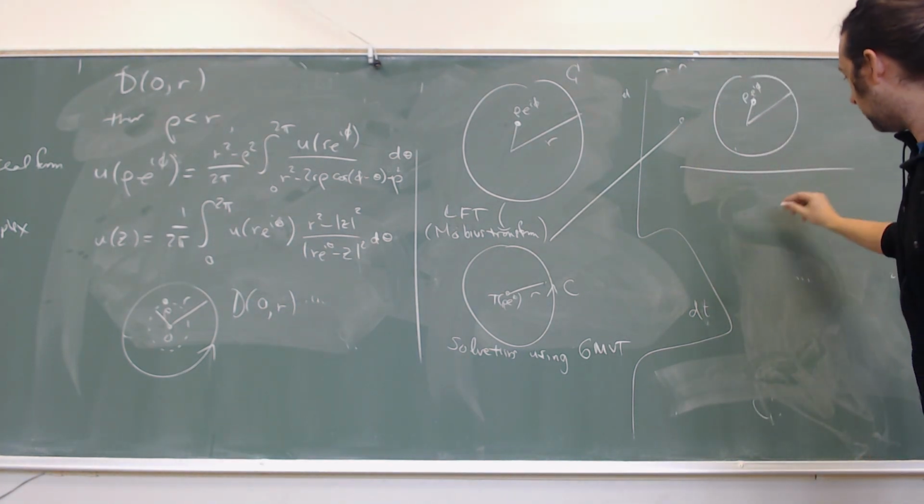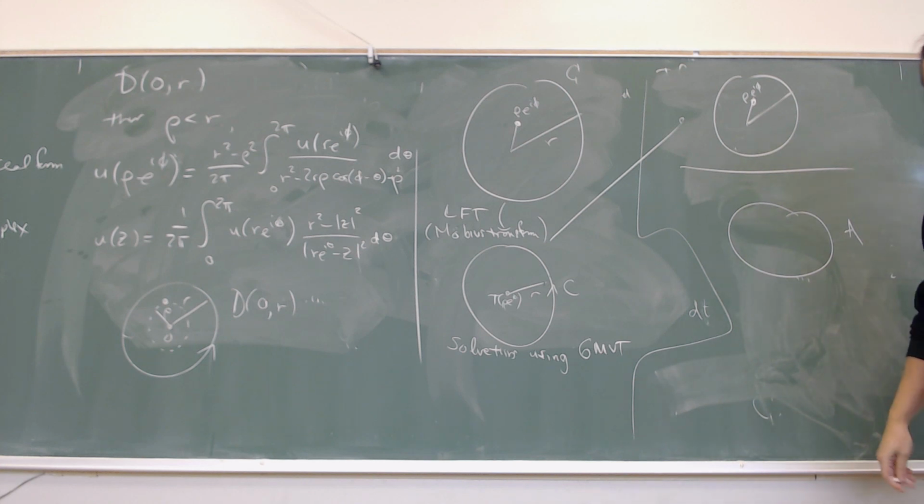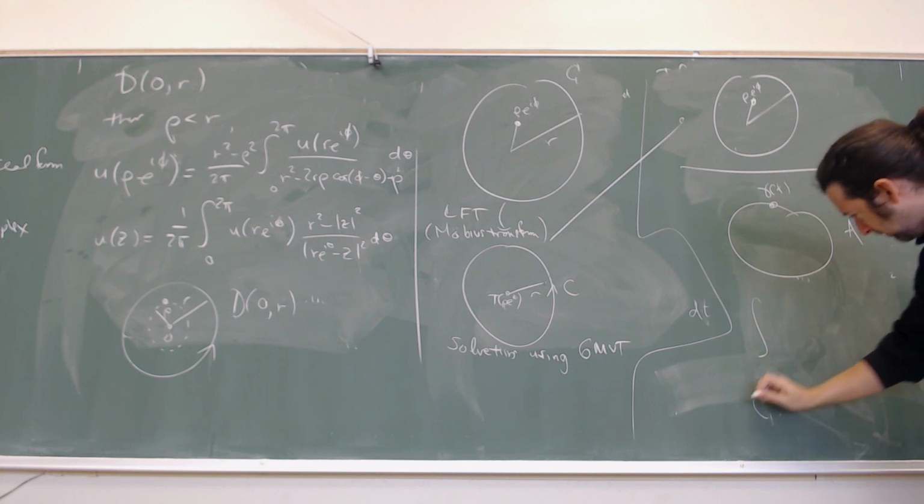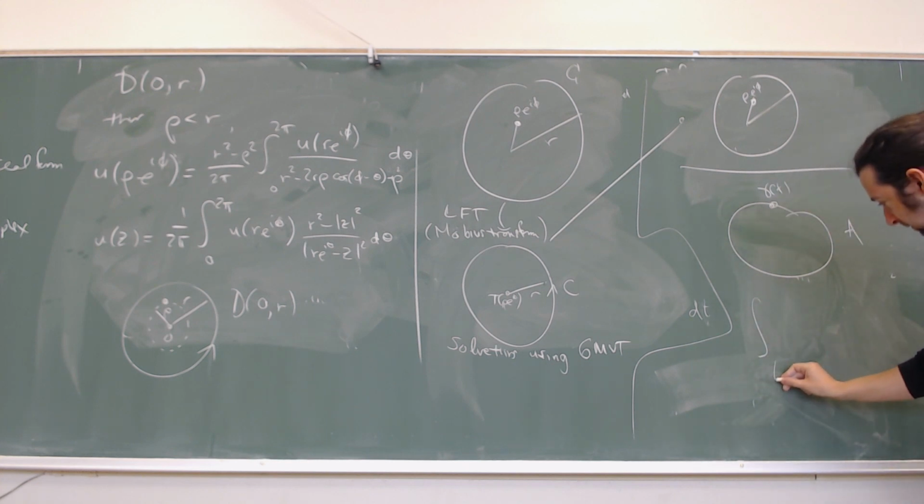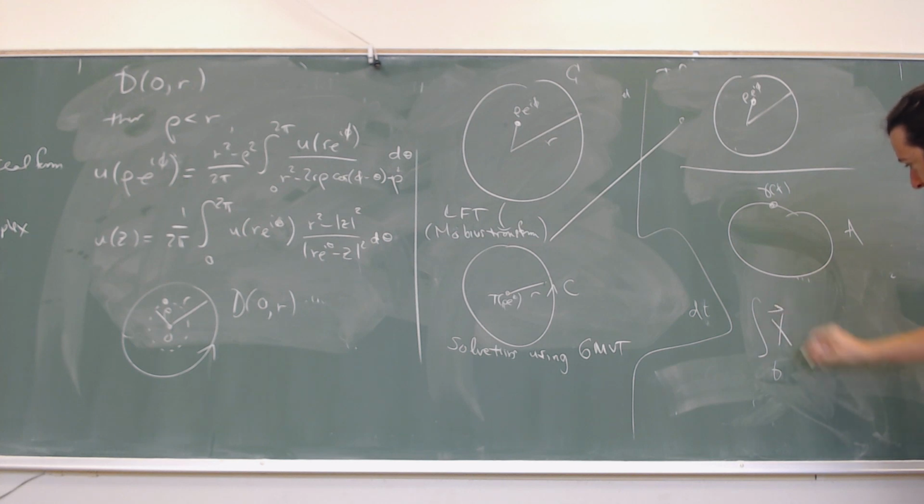So you have a domain A, and you've got some gamma that's describing how you're traveling around the outside. And then you have this thing that says that the integral, so I'll write down this thing and see if you can interpret it, around gamma of capital X dot n ds, that should jar some memories, is equal to the integral of the divergence of x, dx dy.